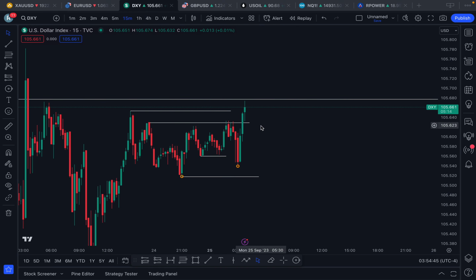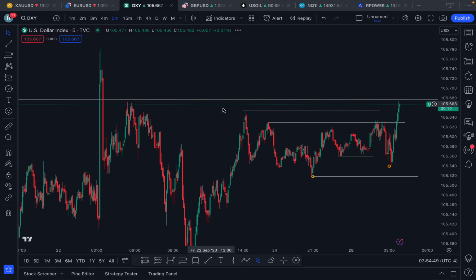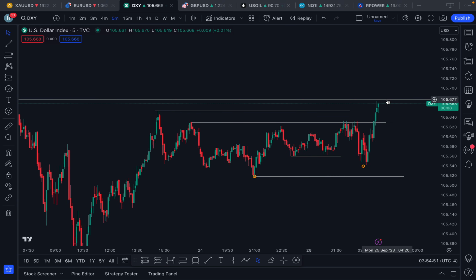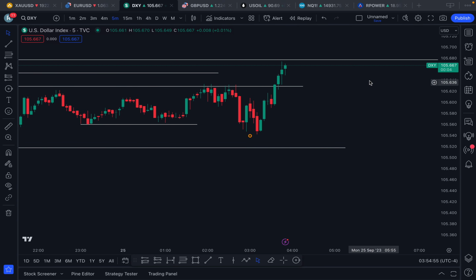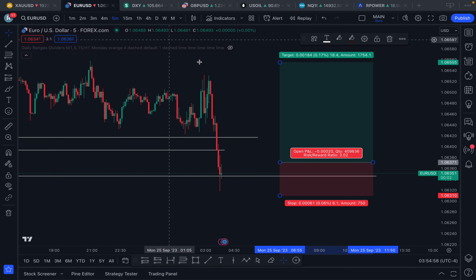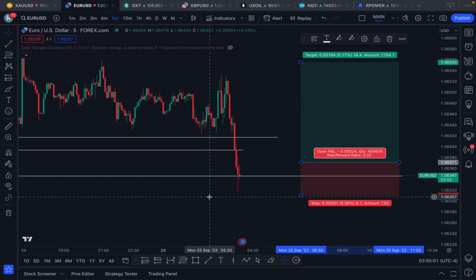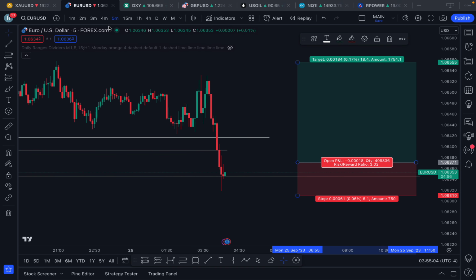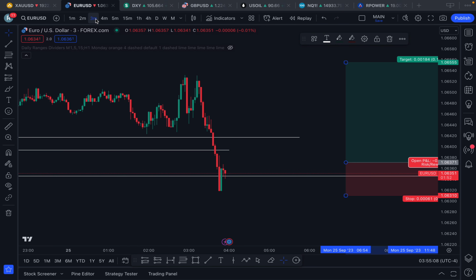Let me see how dollar index is doing at the 5 minutes time frame. Okay, I want to see you go over there and then come back from this PD array. I'm seeing if there's a short term low.